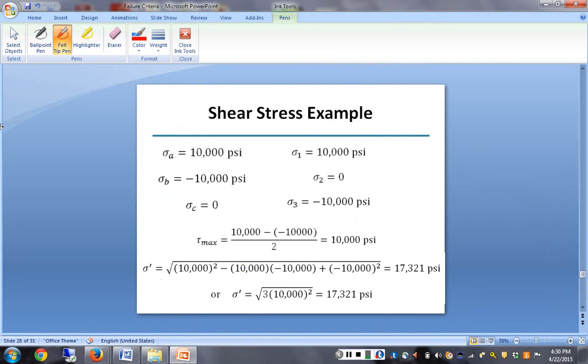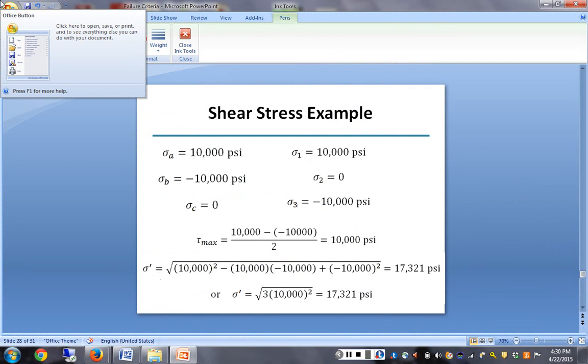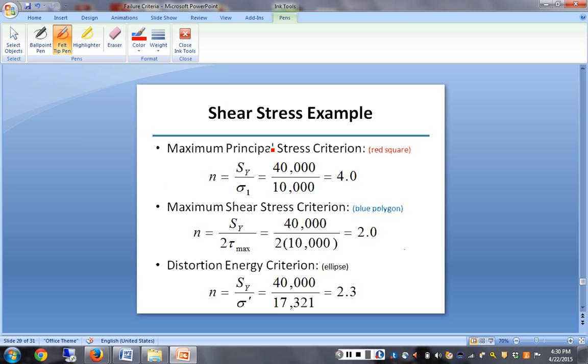And if we put in numbers, we see maximum shear, which we already saw from the plot, is 10. The von Mises is 17. And then what do I do to actually get the factors of safety? I divide. The numerator is the tensile yield strength. The denominator is the various other quantities.